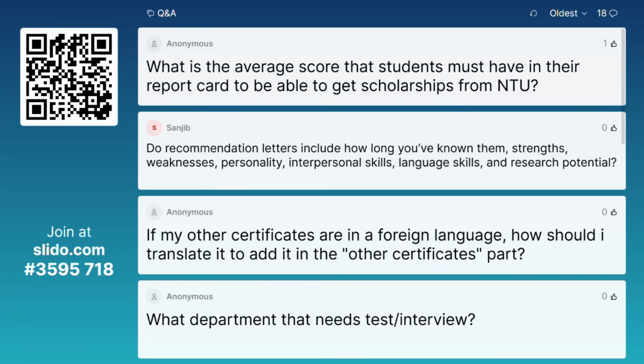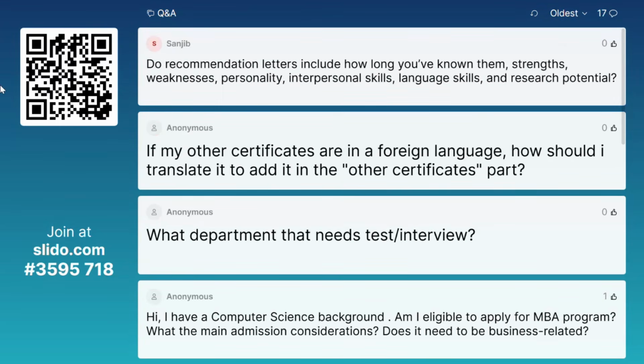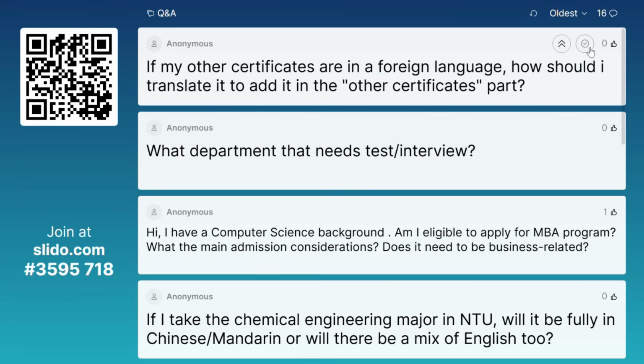If the professor thinks that you are a good fit and you stand out among the applicants, then there will be a chance for you to get a scholarship. So, how long should the recommendation letter be? I think it's the same question.